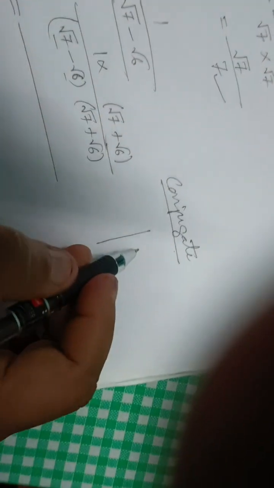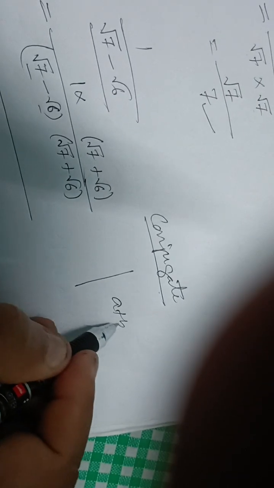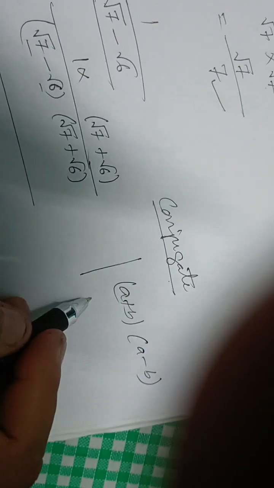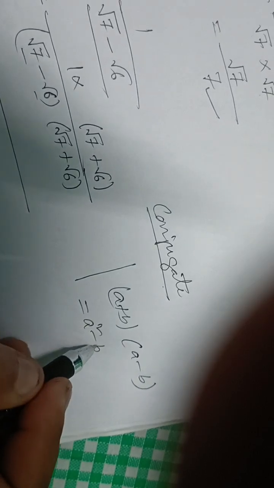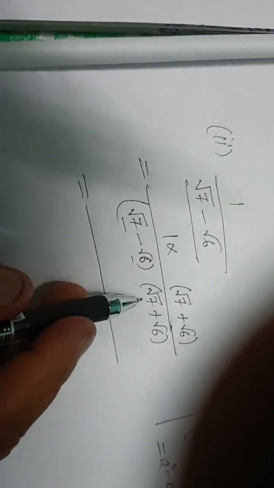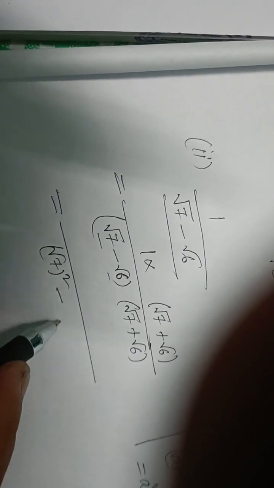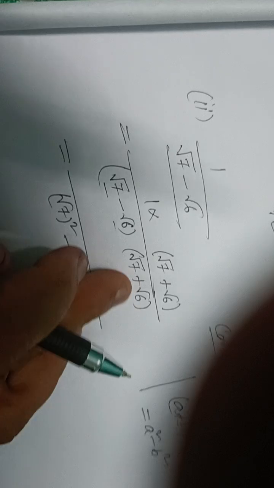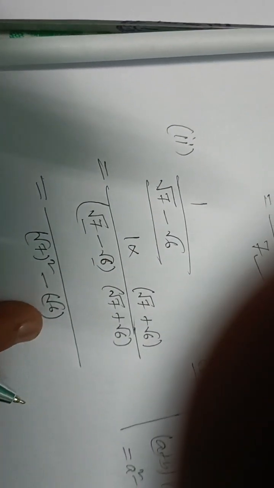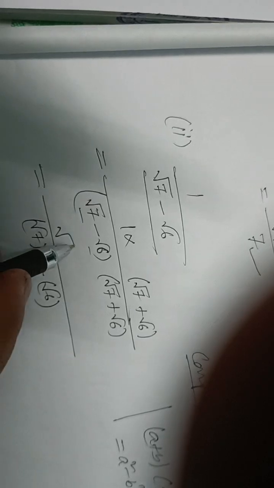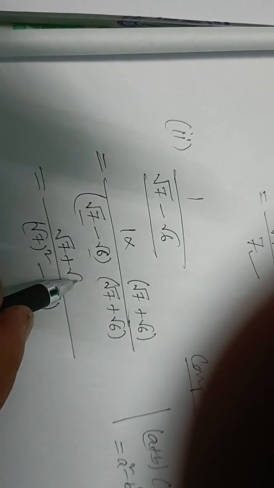That identity is a plus b into a minus b equals a square minus b square. So it becomes root 7 square minus root 6 square, and the numerator is root 7 plus root 6.